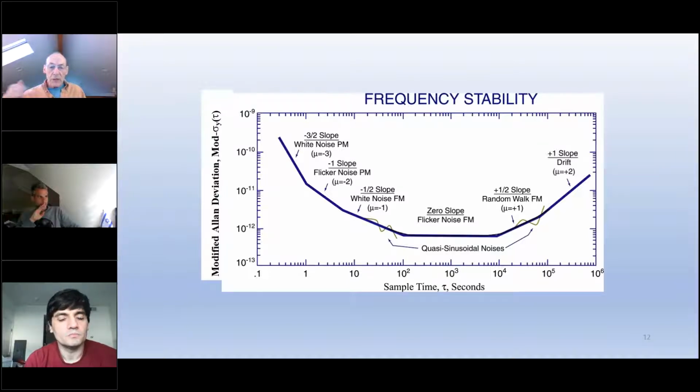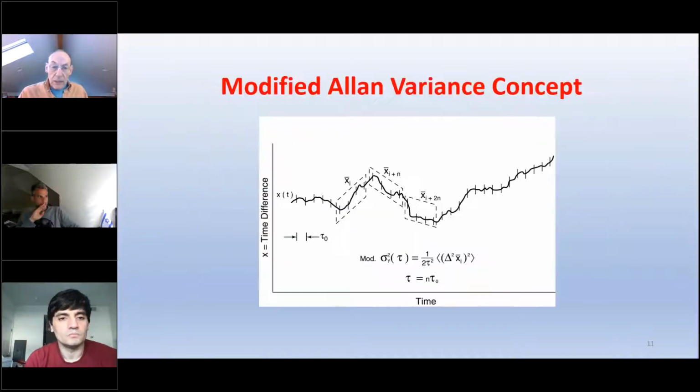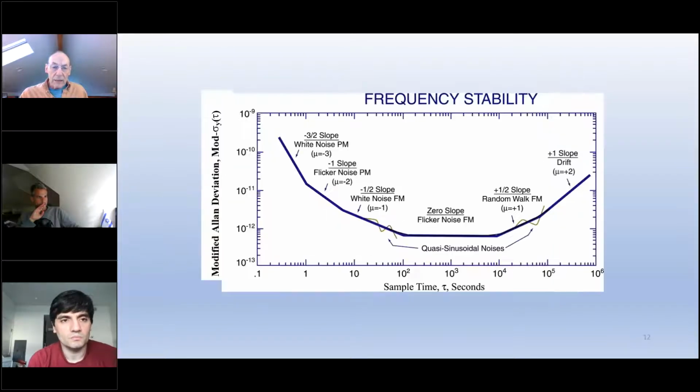But if you just look at the noise of a clock, suppose you've got a clock that looks like this measured against your reference clock. What is the spectrum of that noise? You can compute the Fourier transform of that and square it and do a few mathematical things to get the right values of power, and that gives you a power spectrum.